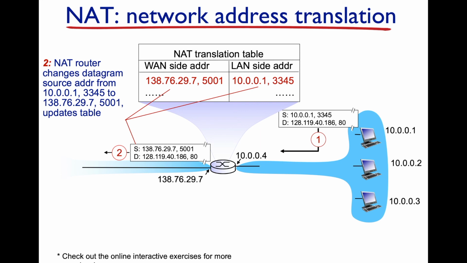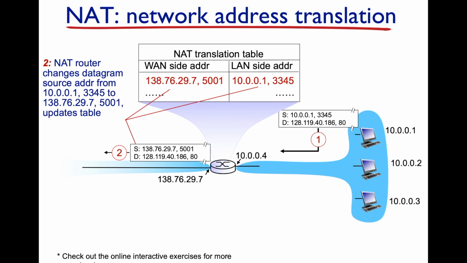It says, okay, I'm going to replace that 10.0.0.1 IP address with the public address on the public side of the router, 138.76.29.7. I'm going to create randomly a new port number, 5001. In the NAT translation table, on the wide area side, I'm going to write down the public IP address with port number 5001. And on the local area network side, this private domain, I'm going to write down 10.0.0.1 and ephemeral port 3345. Then on the public side, this datagram is rewritten and it goes out onto the internet.